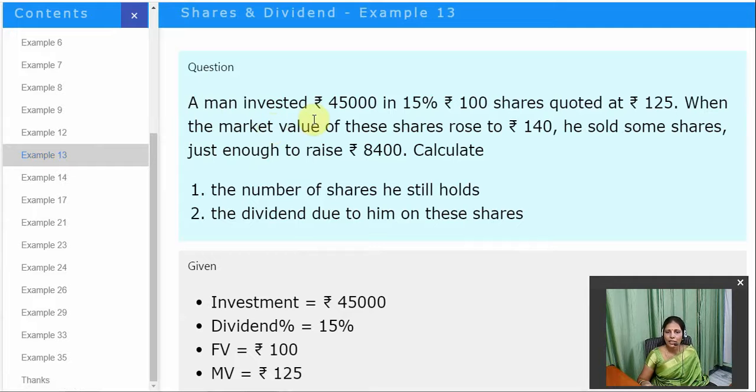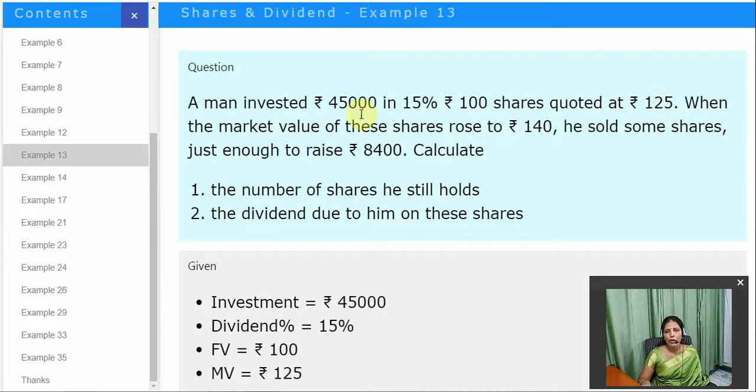A man invested rupees 45,000 in 15%, rupees 100 shares quoted at rupees 125. So here 45,000 is his investment, 15% is the dividend percentage, rupees 100 is the face value, and 125 is the market value.